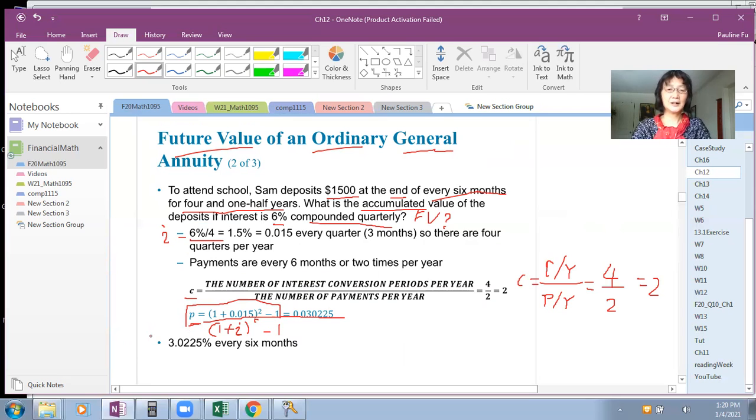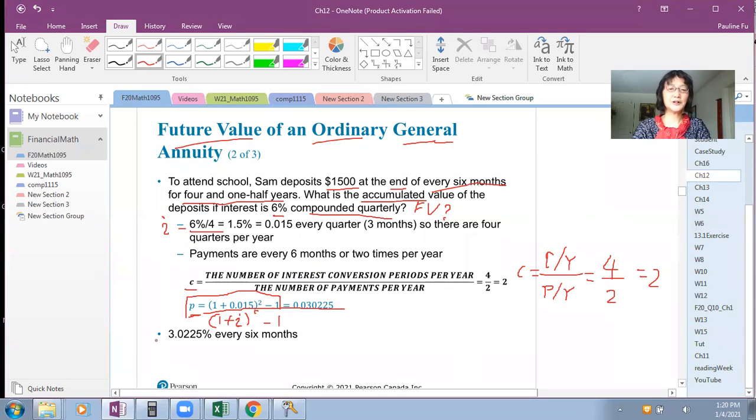Next, I will introduce the calculator method. To use the calculator method, we must make sure we are in end mode. Then we set up PY, the number of payments per year, and CY, the interest conversion periods per year.